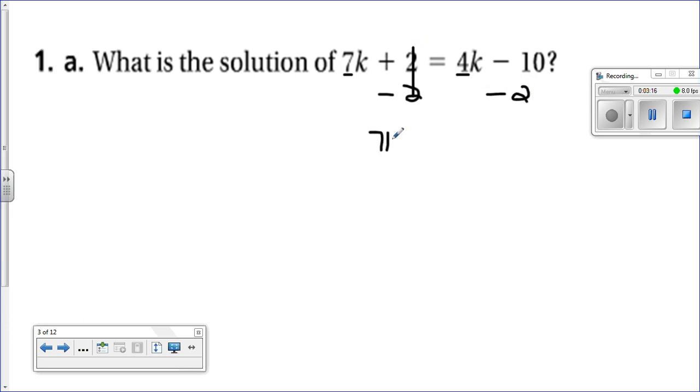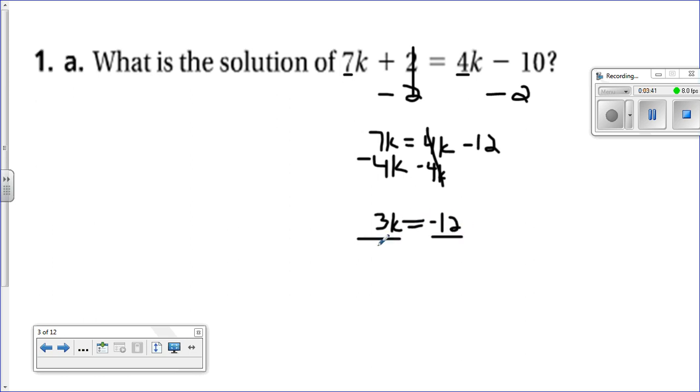We get 7k equals 4k minus 12. Now here we subtract 4k. Subtract 4k here. Remember, we're not dividing. 7k minus 4k is 3k equals negative 12.